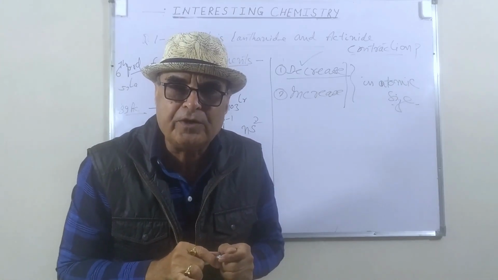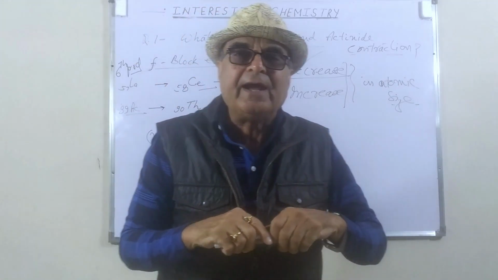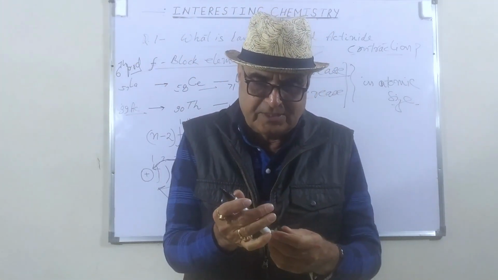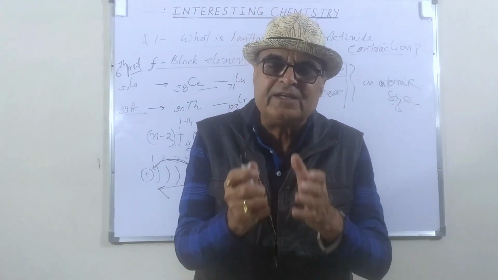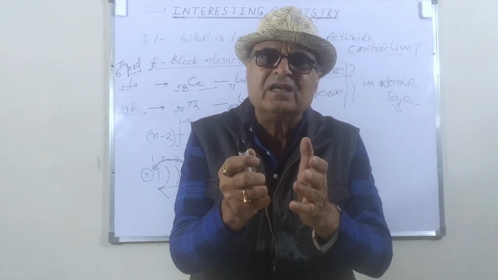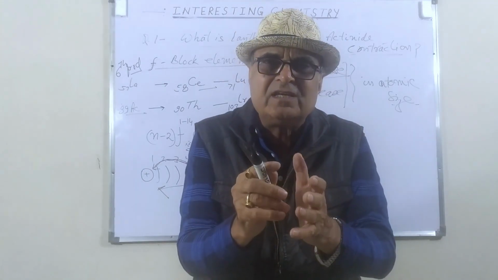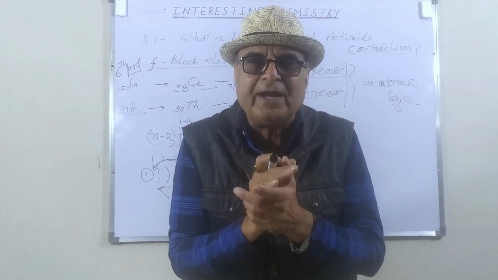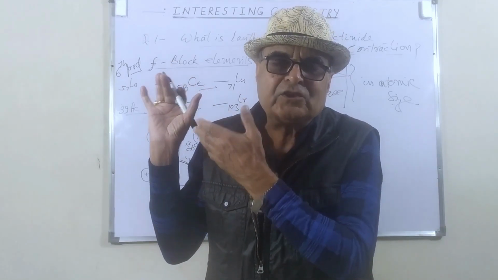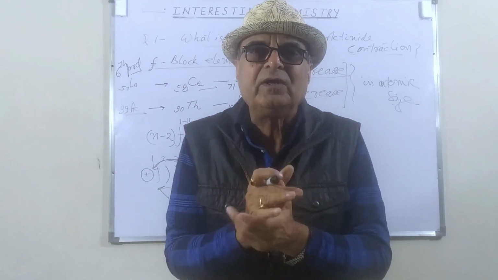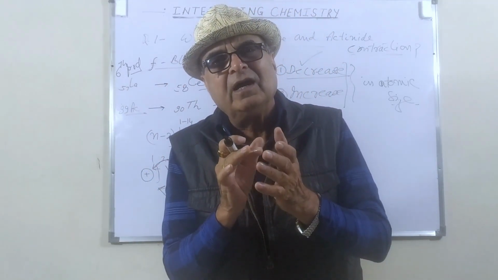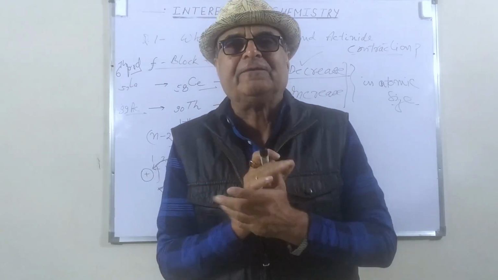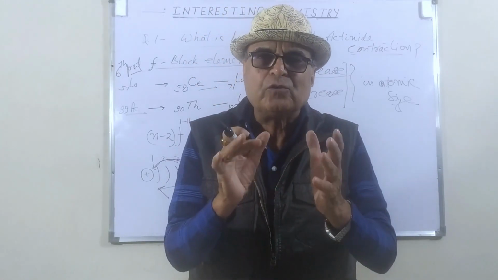So as the resultant, you find a little decrease or little shrinking in the size of the atoms of the lanthanides. That is called lanthanide contraction. I think you have understood.